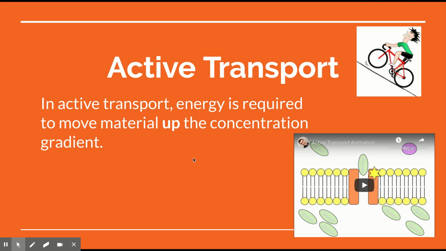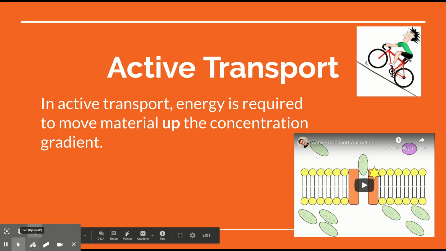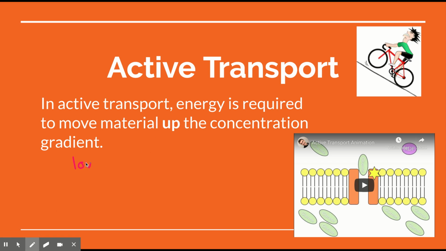So in this case, we're actually going from a low concentration to a high concentration. And that is why it's going up the concentration gradient, because essentially it's going against the flow.